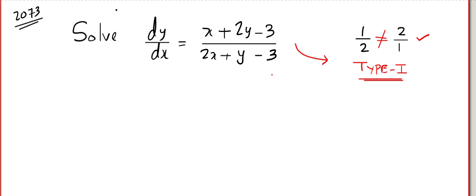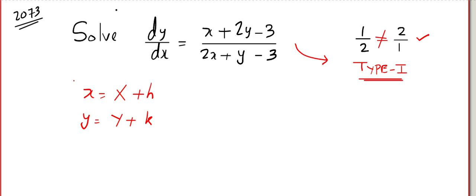Now in type 1 the method is you put small x equal to capital X plus h and small y equal to capital Y plus k, and you choose h and k in such a way that after the transformation the equation will become a homogeneous differential equation.